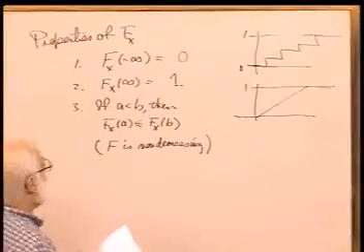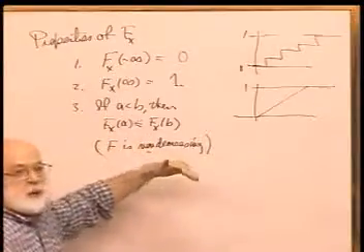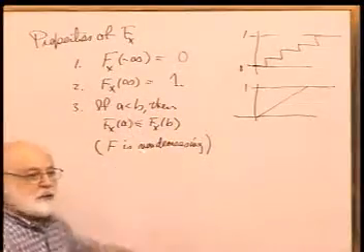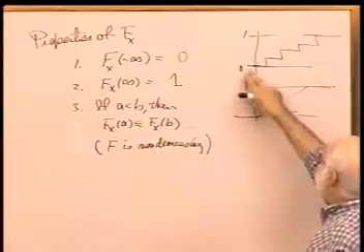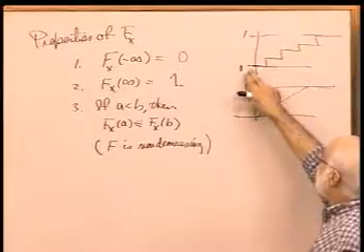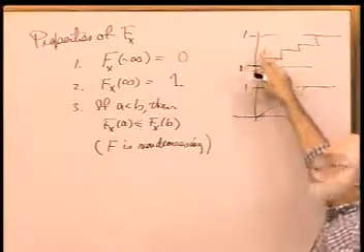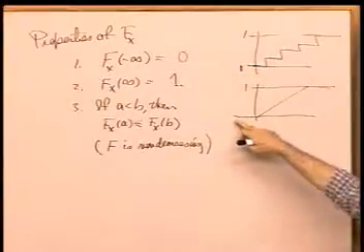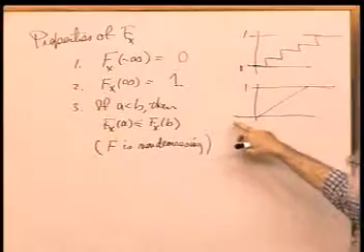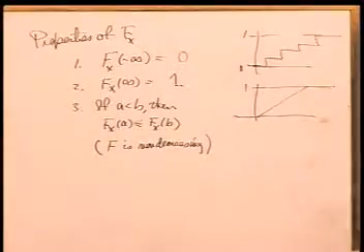In other words, as I move from left to right, the function either stays the same or gets bigger, but it can never get smaller. So you can see that here. As I move from left to right, between jumps, the function stays the same, and at jumps, it gets bigger. So it never decreases. It either increases or stays the same. Likewise over here. As I move from left to right, the function either stays the same or increases, but it never decreases. So a distribution function cannot oscillate.